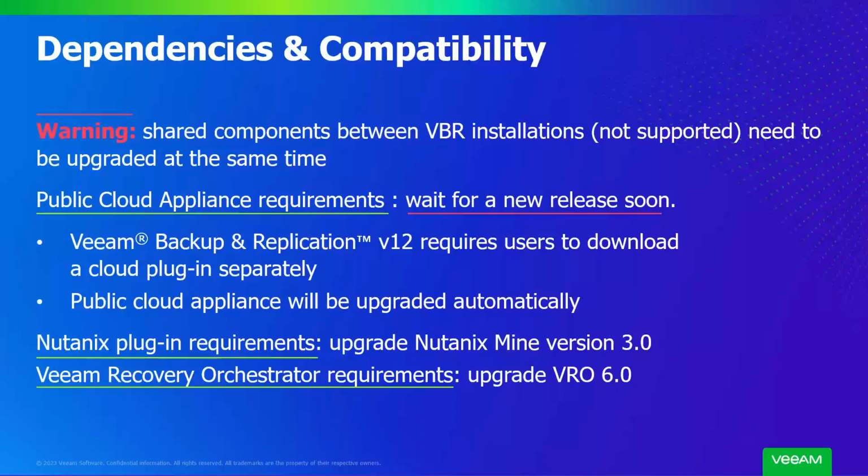So if you have such an integration, either stay on V11 and wait, or if you upgrade to V12, they will basically stop working at the moment. As in previous versions, you need to download those integrations separately, and they are upgraded separately from the VBR itself.